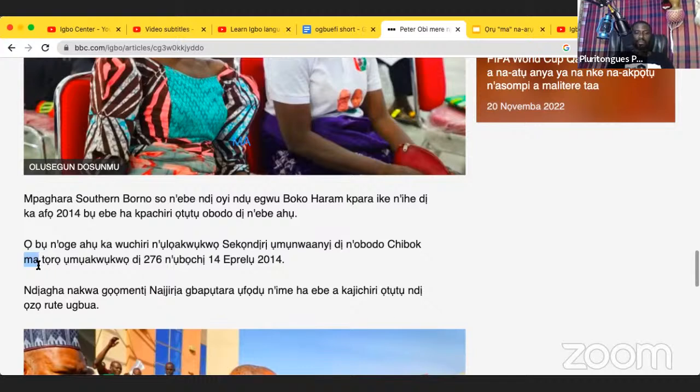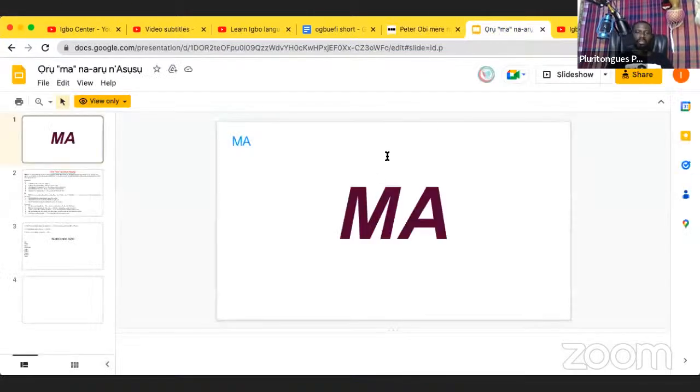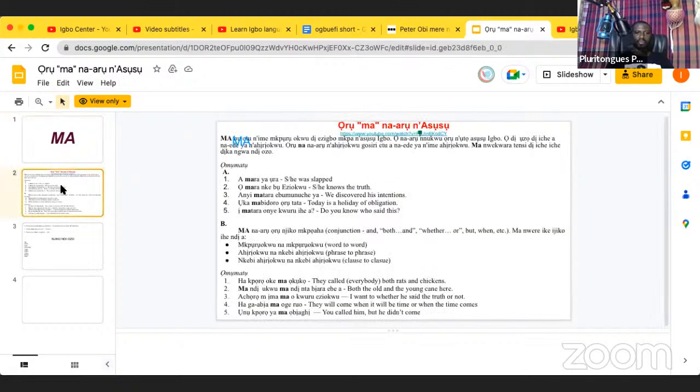Ma, which means here, in this context, and. So that means ma can work as a conjunction. But then let's go and see the functions of ma. So you see here, this is how it's written, ma, me, a. Now let's see the functions.